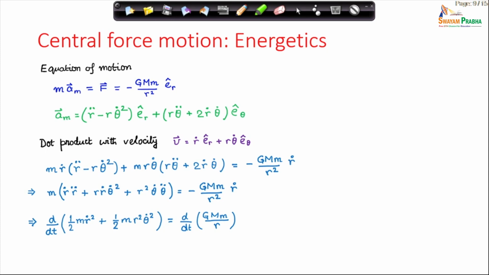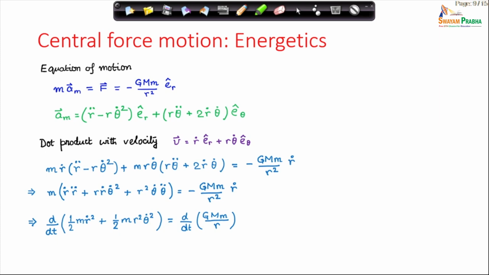This you will realize is the kinetic energy. These steps we are discussing now, we have already discussed previously in the case of particles. We are only applying those same steps to central force motion, a particle under central force. These were the steps followed in the work energy relation, if you remember.